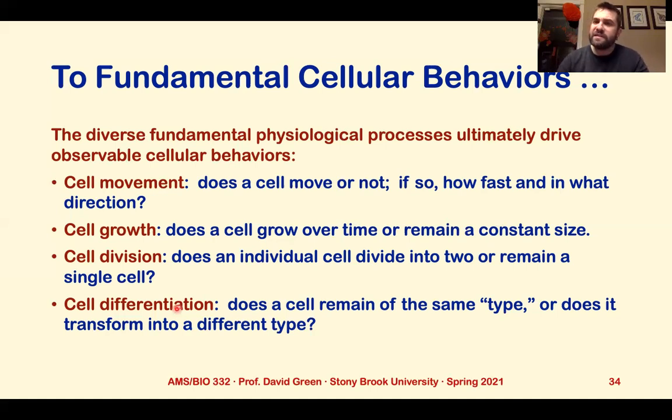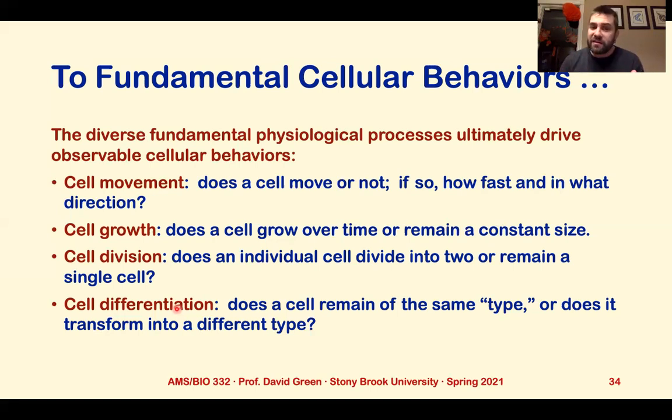Cells can exist in different states, different types. This is obvious again in multicellular organisms. We have skin cells, we have muscle cells, we have bone cells, we have nerve cells, which all are very, very obviously different types of cells.